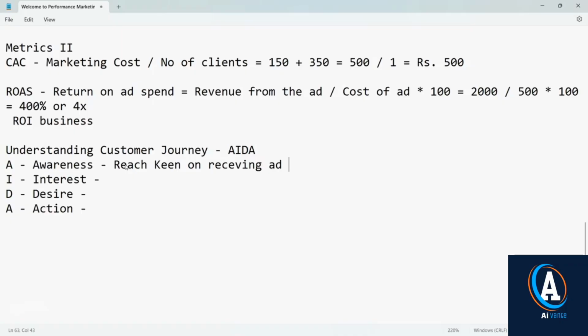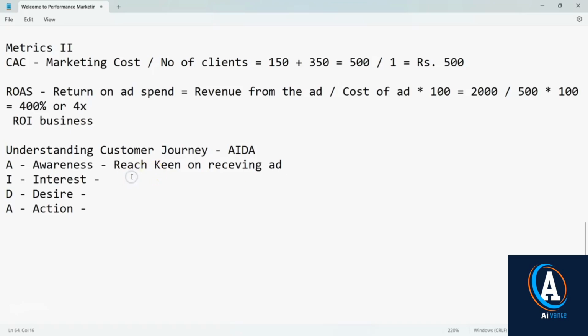But what if I'm looking for a laundry detergent right now? The chances of me seeing ads and being aware of a particular brand like Surf Excel or Ariel is very high. If they're able to reach out and make me aware that there are brands in this segment whom I can reach out to, talk to, that will basically be the awareness stage for me.